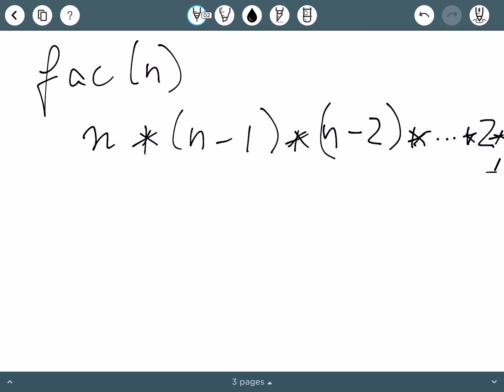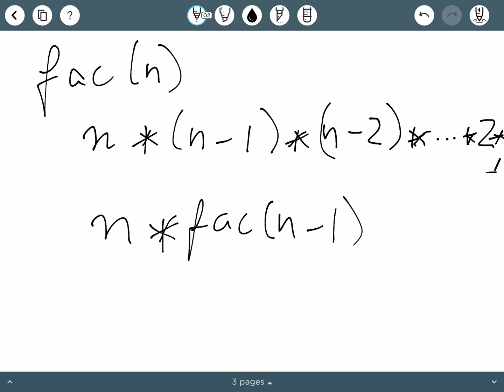If you look at the definition of factorial, it is the kind of solution where, if I had the solution for factorial of n minus 1, I know how to build the one for the bigger problem, n, because it is n multiplied by factorial of n minus 1. So that's what I want to write.